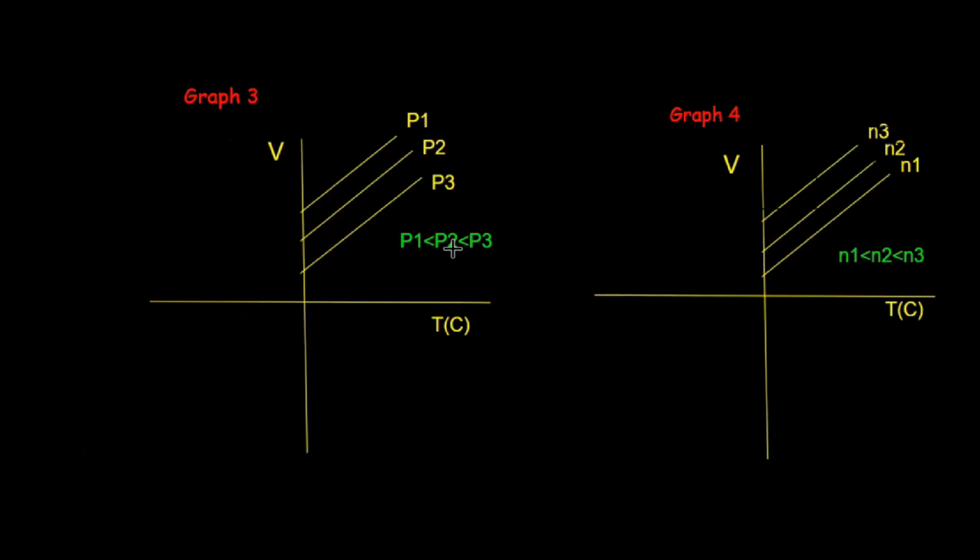Here P1 is less than P2 and P2 is less than P3. As pressure has increased, according to Boyle's law, volume should decrease. So the isobars at P1, P2 and P3 will also be straight lines inclined to the VT axis, but their location in the graph will be changed.